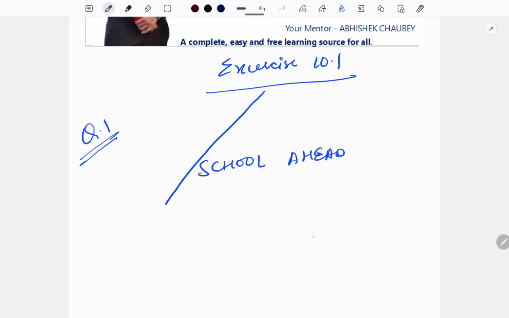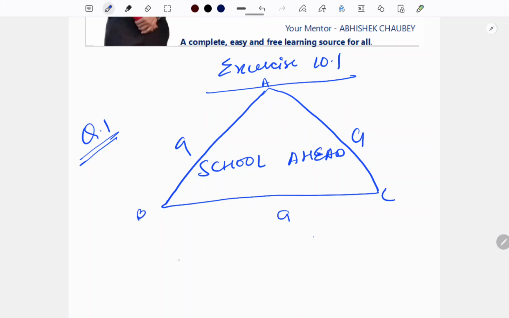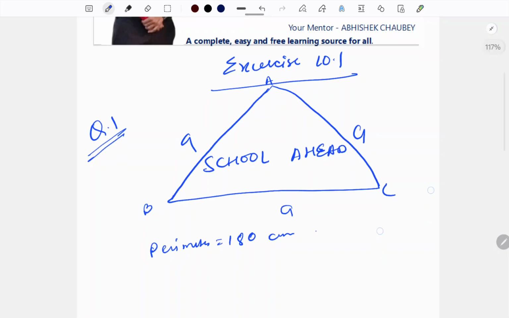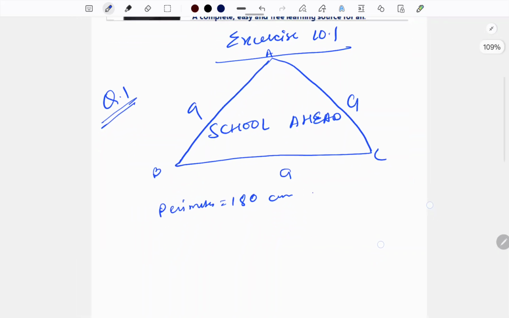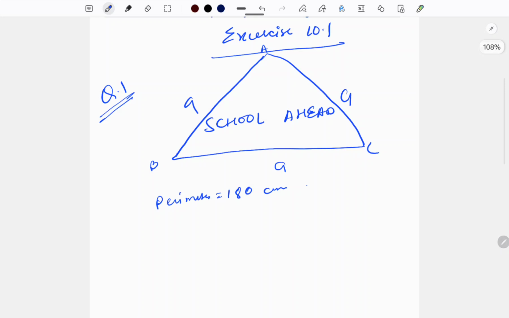So we have this equilateral triangle with sides a, a and a. And we are also given the perimeter as 180 centimeter. Now, let us keep this formula and derive another formula.